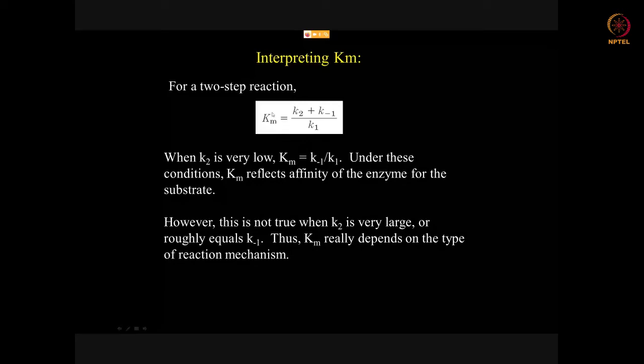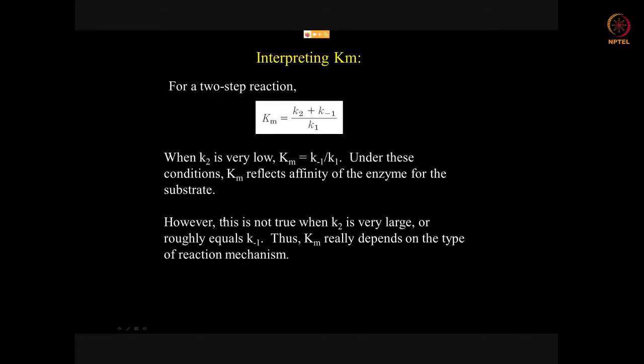That is the major interpretation of the Km. In many situations, this value being large or this being equal to this, etc., will depend on a given reaction mechanism. So Km will not simply be equal to the affinity of the enzyme for the substrate. It is true only under certain conditions.